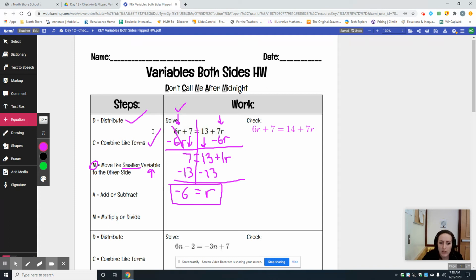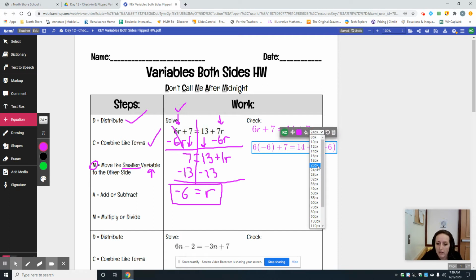So now when we go ahead and we substitute in, we are going to substitute in the negative 6 for my r's. So I rewrote, now I replace. So I have 6 times negative 6 plus 7 equals 14 plus 7 parentheses negative 6. Notice I've replaced all of my variables with my answer of negative 6.